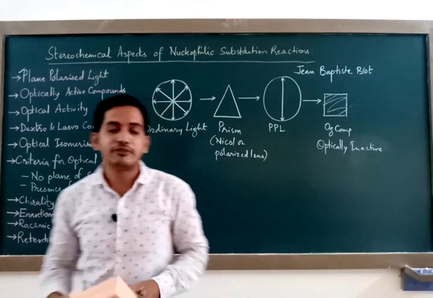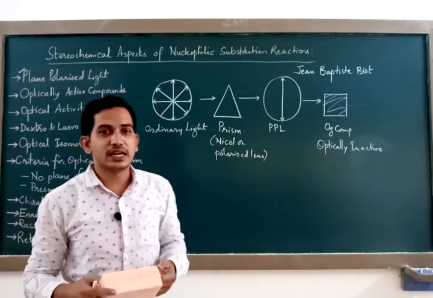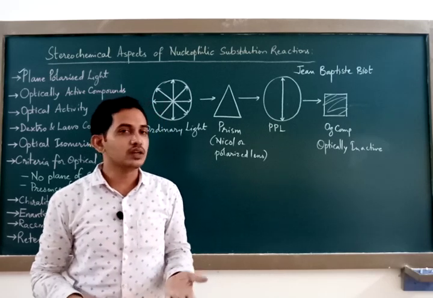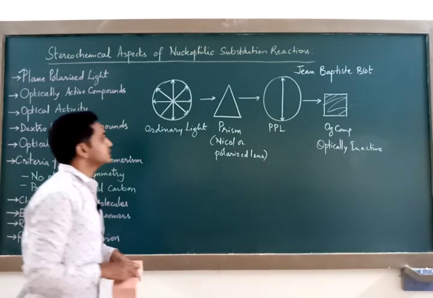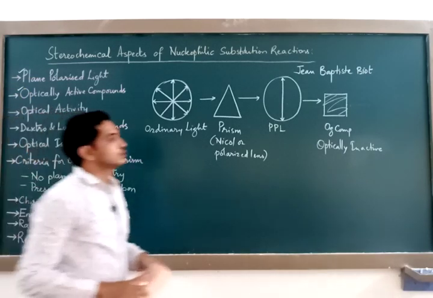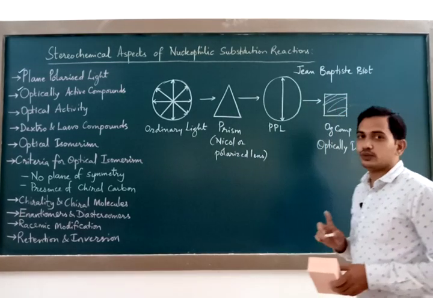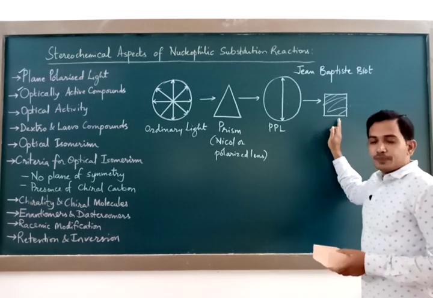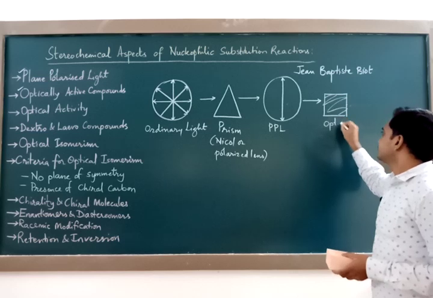So what are optically active compounds? Optically active compounds are those which allow plane polarized light to pass through them, and optically inactive compounds are those which do not allow plane polarized light to pass through them. Our studies are concerned only with optically active compounds. So now this organic compound allows plane polarized light to come out, therefore it is said to be optically active.